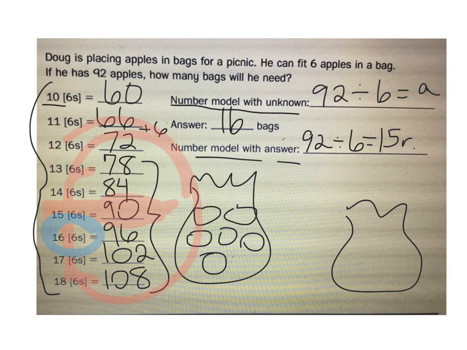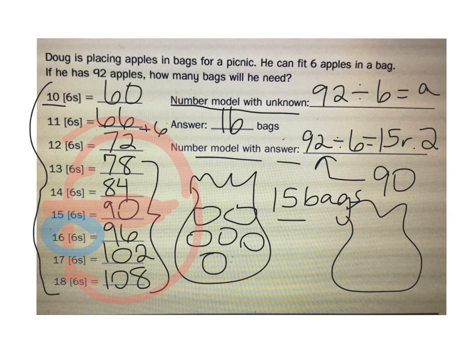We were able to fill a completely 15 bags, okay? 15 bags were completely full with 90 apples. But our number in total was 92. So your remainder is the difference between 90 and 92, which is 2. So it's 15 with a remainder of 2 apples in that last bag, or on the side if you don't put them in a bag.